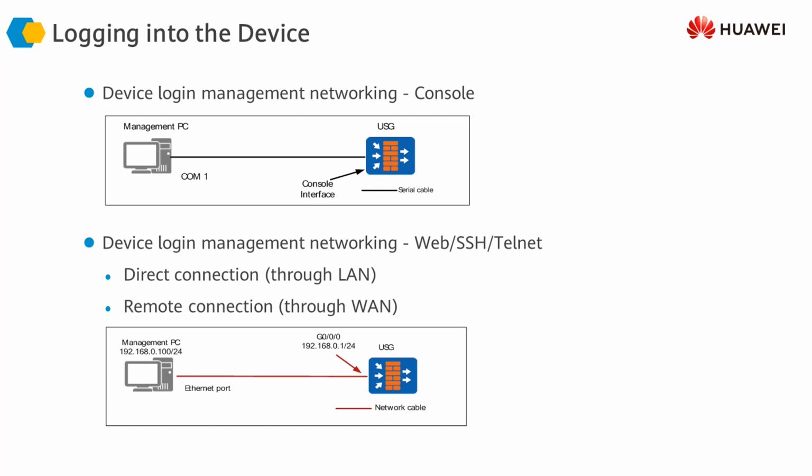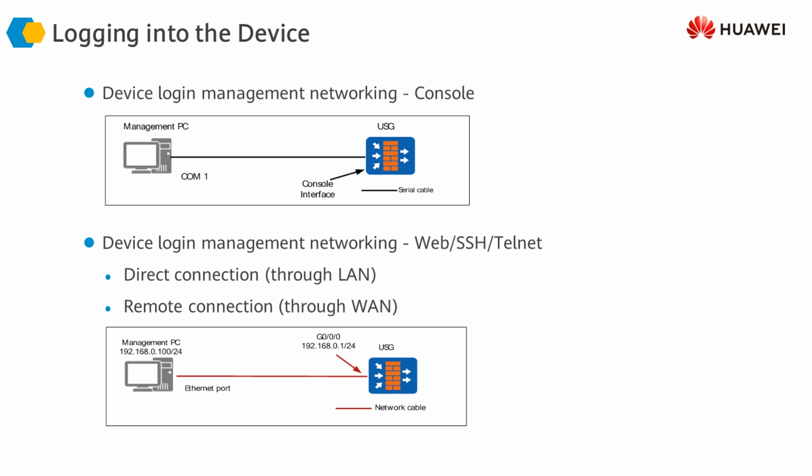The other way is that we can access the firewall remotely over the WAN, and in this case we use the management interface that is present on the firewall, for example the GigabitEthernet 0/0/0 interface, which can be used for accessing the device either locally on the LAN or through the WAN.